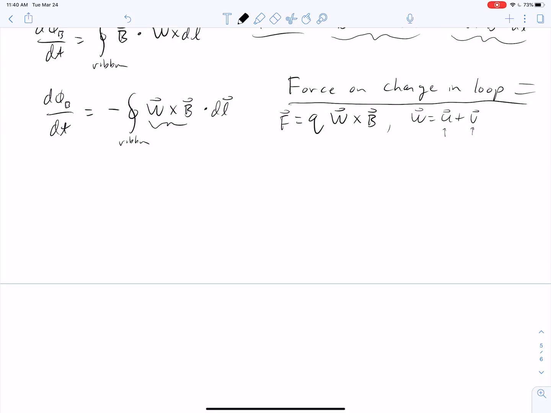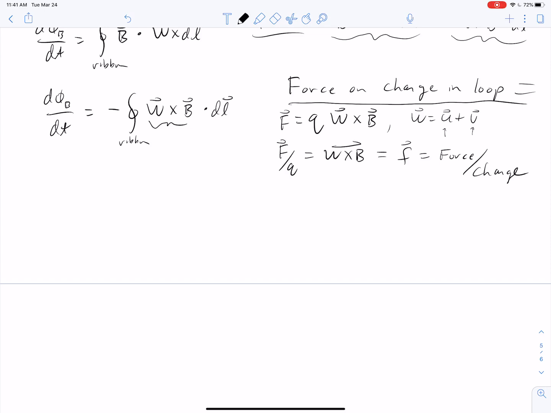And so that means that the force per charge in the loop is W cross B. Now let's define this as F, equal to force per charge in the loop. Now what is force per charge? Think about it for a moment.